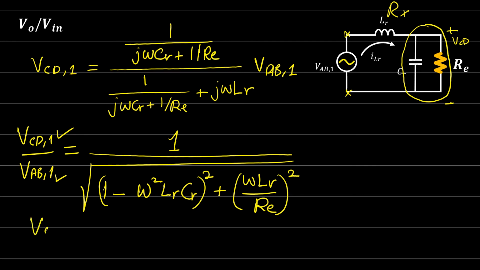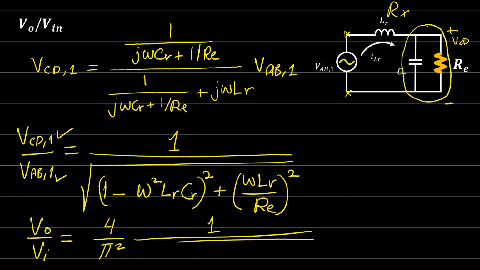So you'll find that V out over V in is equal to how much? 4 over pi squared times 1 over the square root of 1 minus omega squared L_R C_R, squared, plus omega L_R over R_e, squared.